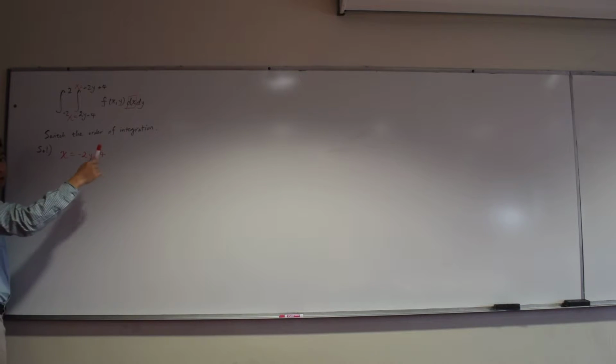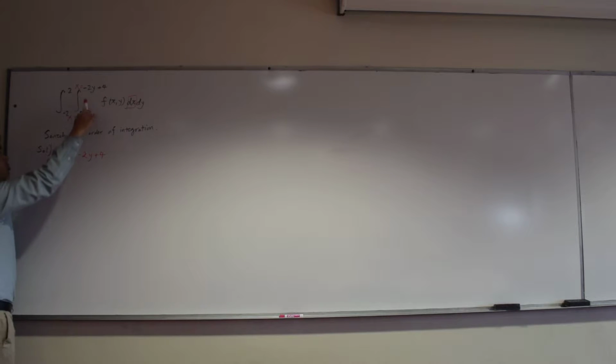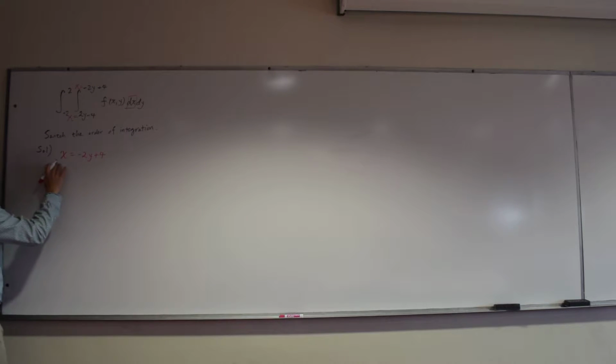So the language I'll keep using is curve to curve, point to point. It's a graph of a function to another graph of a function, and a value of a variable to another value of a variable. That means I really need to graph this in order to figure out what the integral is being done over. Okay?